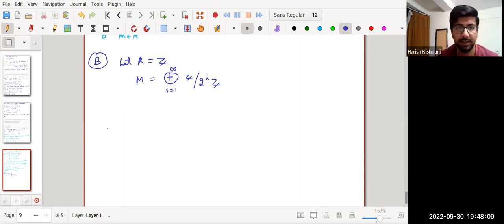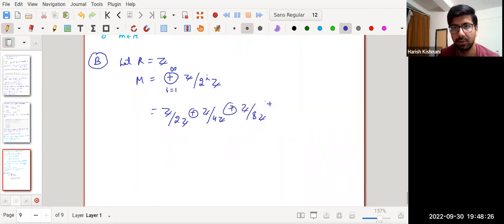So it's like Z modulo 2Z direct sum Z modulo 4Z direct sum Z modulo 8Z direct sum, and so on. It's an infinite direct sum, right?